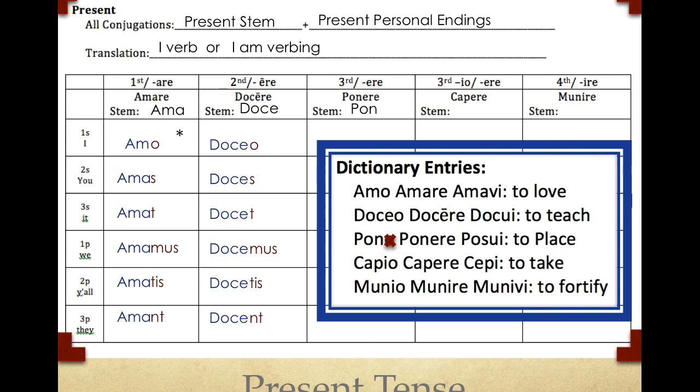For capio, capere, cepi, this is a third IO verb because that first principal part ends with an IO. When I drop the O, I have capi, I have an I at the end of my stem. That's the third IO verbs. And then munio, munire, again I dropped the RE off the infinitive for fourth conjugation. And so we got muni right there.